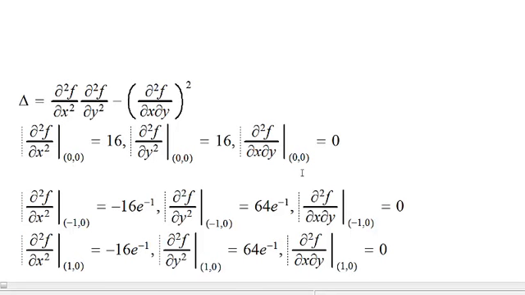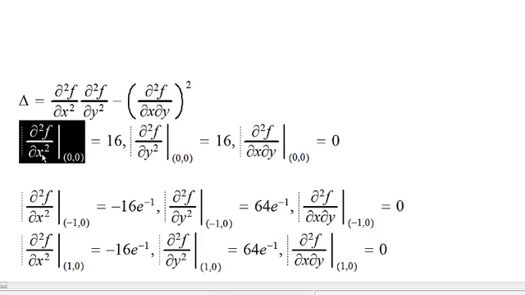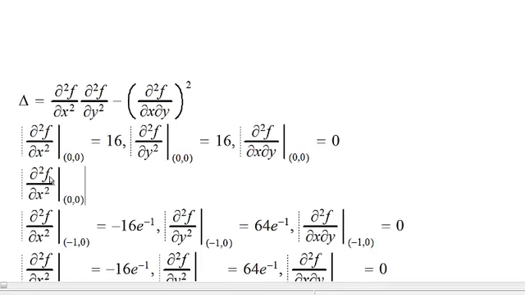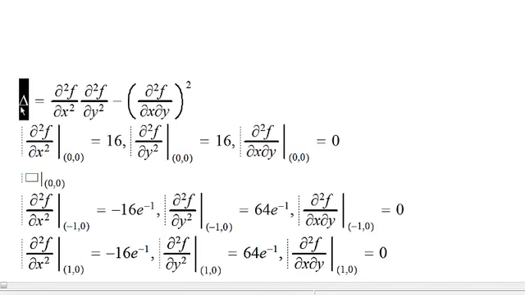So for here, what happens is this, that at 0 0, we have what? This will be what? 16 times 16. That is 64, right? Wouldn't that be 64? 16 times 16 minus 0 square is 64, right?